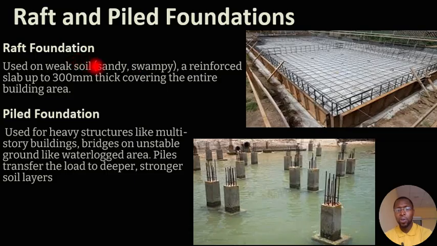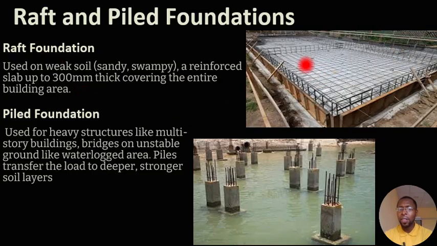The raft foundation is also reinforced, not with steel this time around, but with a slab. A slab is something like concrete, combined with iron too. It must be 300 millimeters thick.